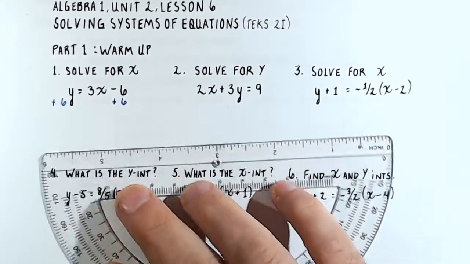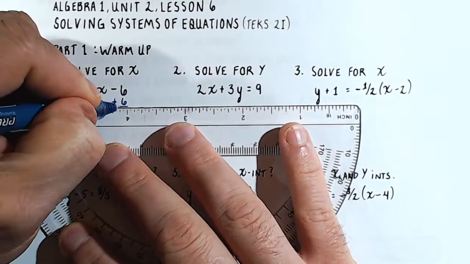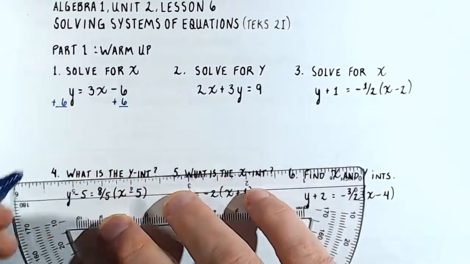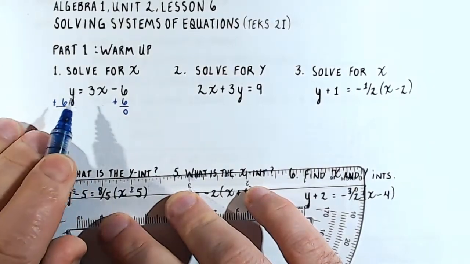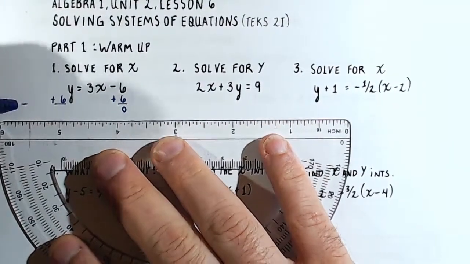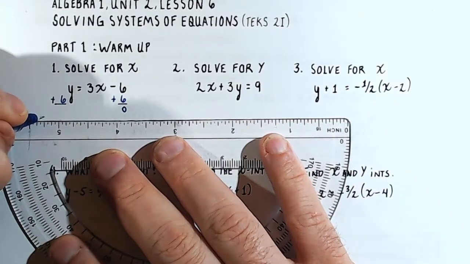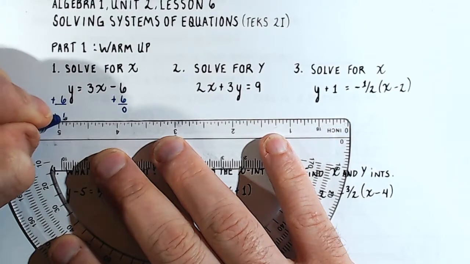Negative 6 plus 6 is 0. And over here, I can't mix 6 and y together, so I just say y plus 6.